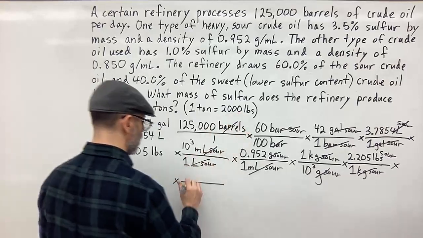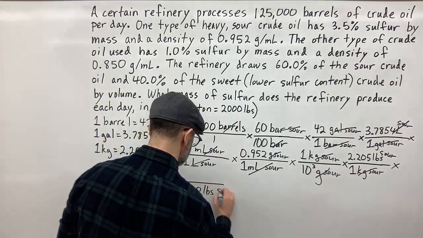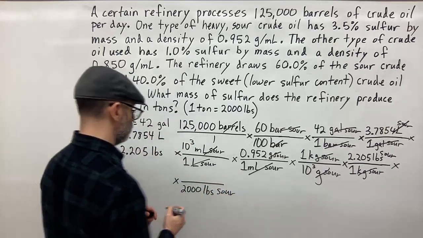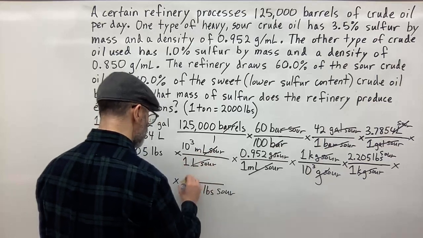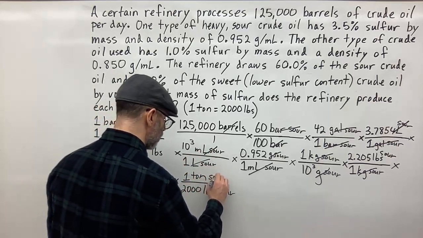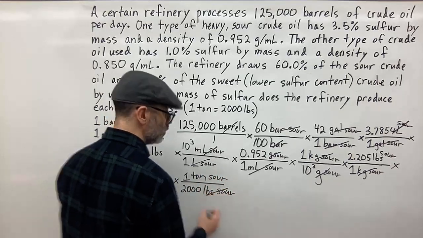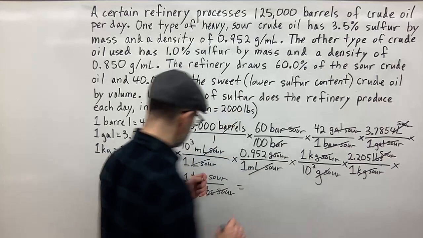We want 2,000 pounds on the bottom. 2,000 pounds of sour. And then we're going to have 1 ton of sour on the top. So pounds of sour cancels out. And now we've got tons.